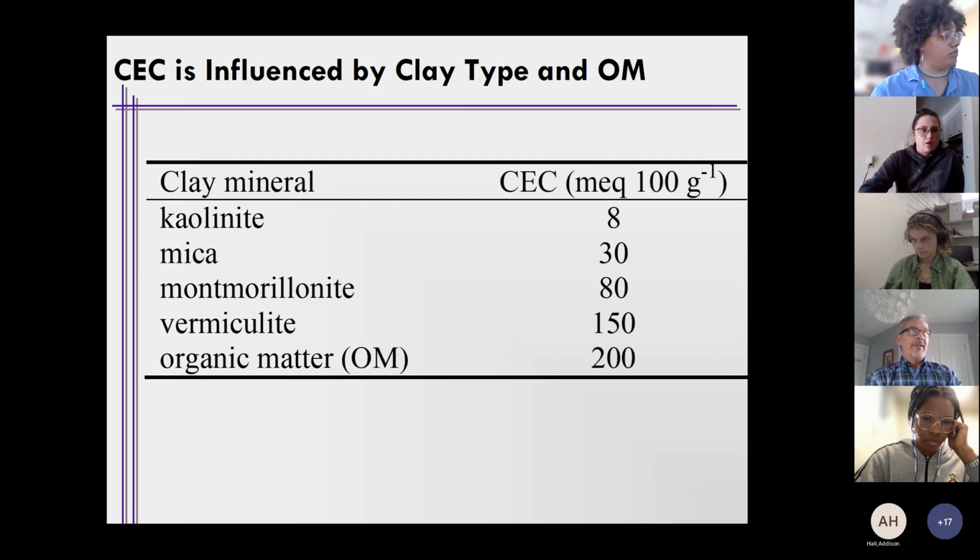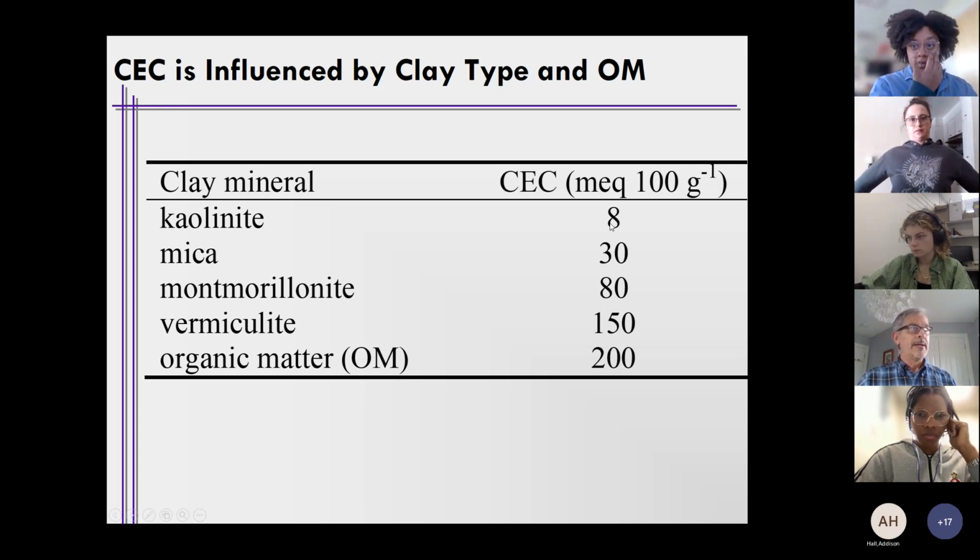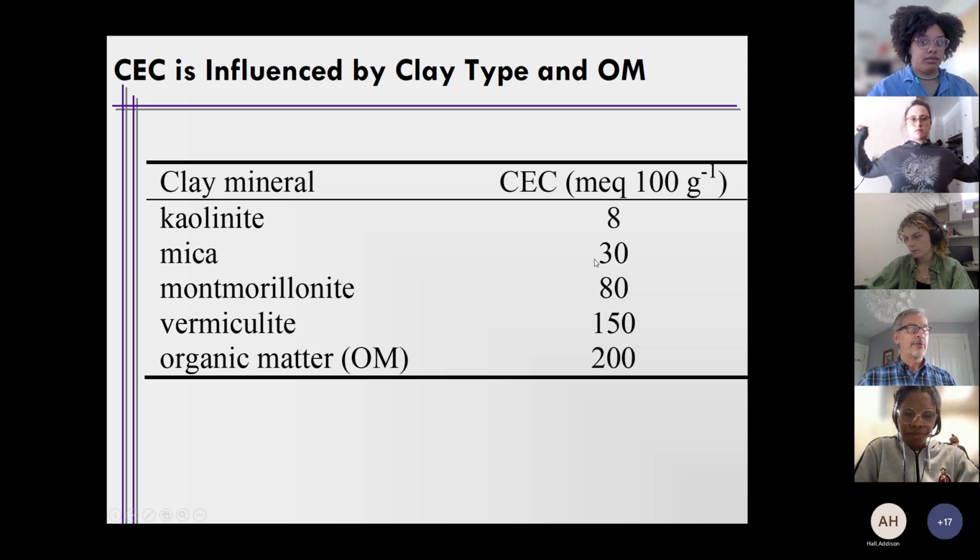We know that CEC is influenced by clay type and organic matter. And if you were to collect the different types of clays and organic matter and measure cation exchange capacity, and these are rough values, but they give you a good generalization of what you might find. So you have this table in your notes. Kaolinites typically have, it says 8 milliequivalents per 100 grams. Yeah, 8, 10, it's pretty low. Micas, maybe about 30.